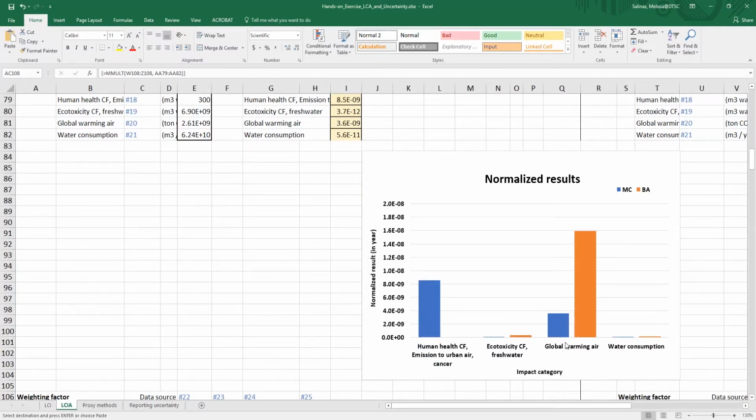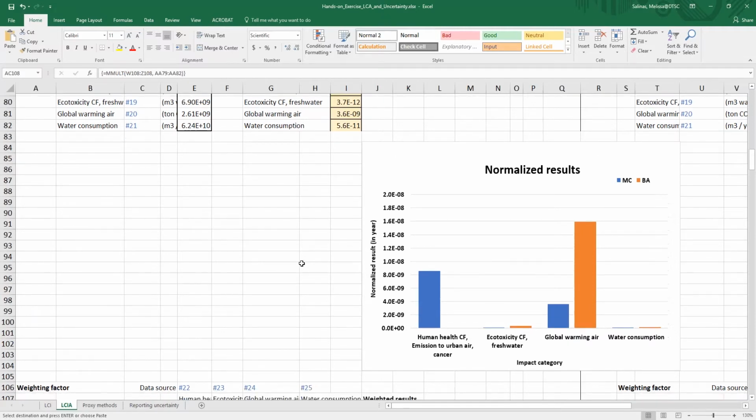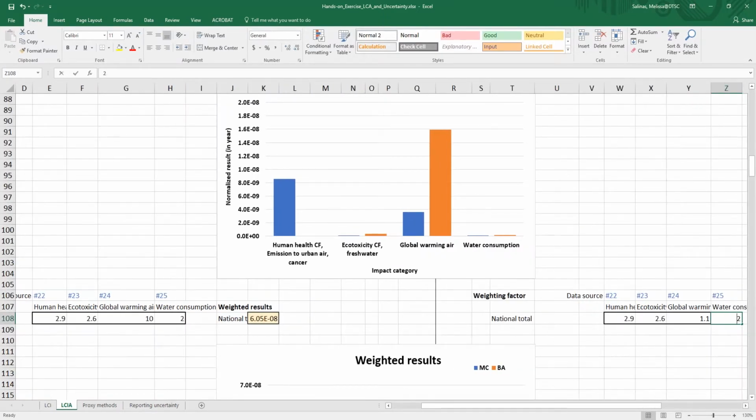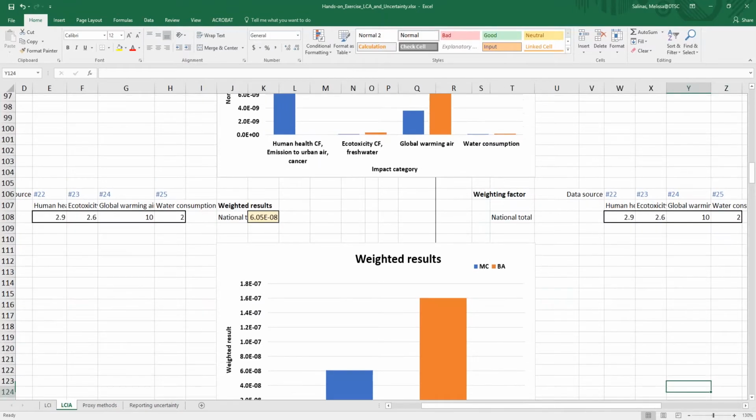So if you happen to give high priority to global warming in your weighting factor, you will see a completely different result. And we can test that very easily by changing these numbers. For example, if it is not 1.1, but what if it is 10? And what if this is not 1.1, it should be the same. So, sorry, not this one, but the other one. If it is 10, then let's see, what does the weighted result look like?